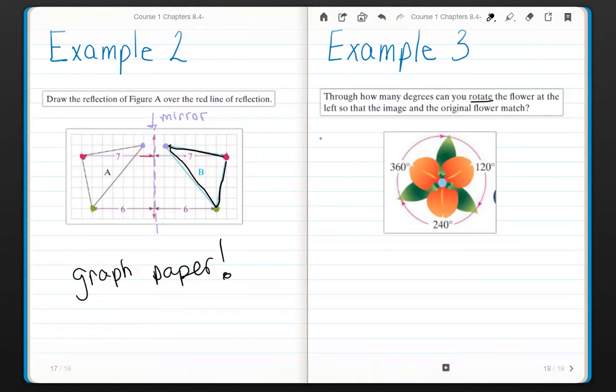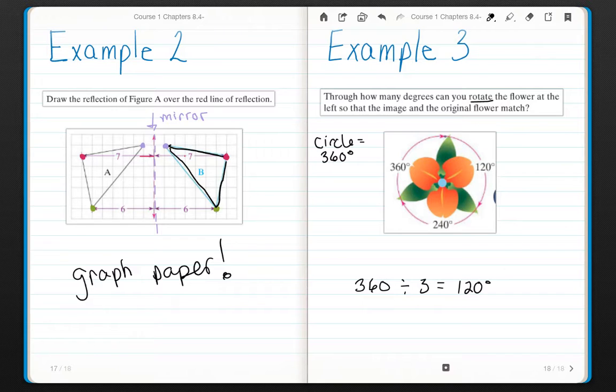Now remember, a circle is a full 360 degrees. Well, I see that my image has 3 leaves. It kind of looks like it's being cut in thirds. Well, 360 divided by 3 is 120 degrees.